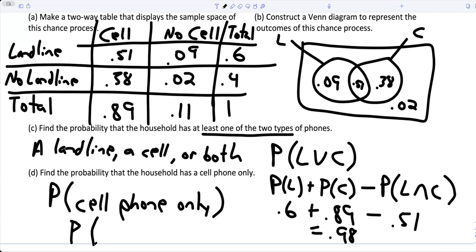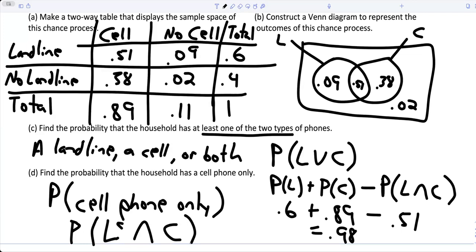How would I write it in symbols? It's not L, but it's L complement, no landline, intersected with C.